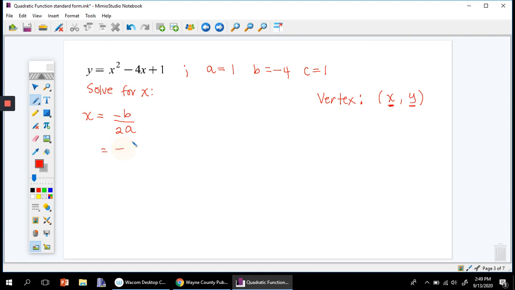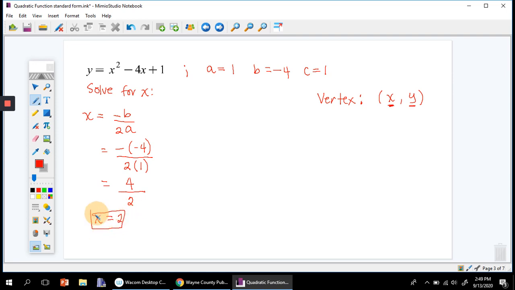So that will be negative of negative 4 all over 2 times your a is 1. See, when you get the opposite or the negative of negative 4, it becomes positive, right? So 4. Okay, so you can just simply write 4 over 2 times 1 is 2. And then your x is 4 divided by 2 is 2.